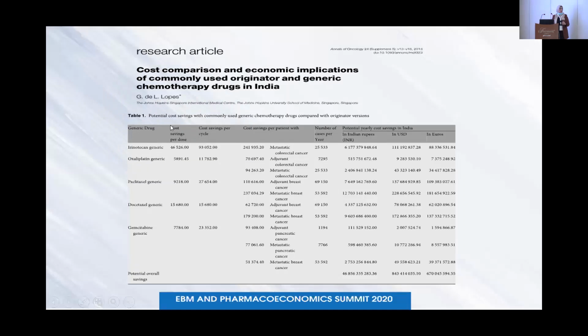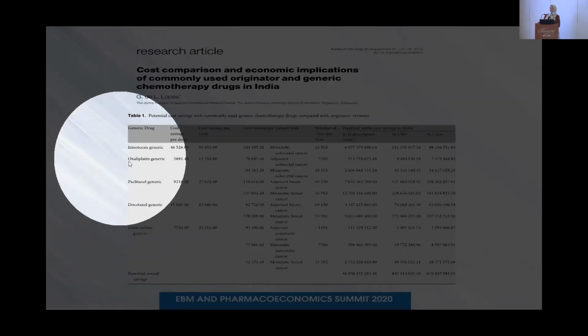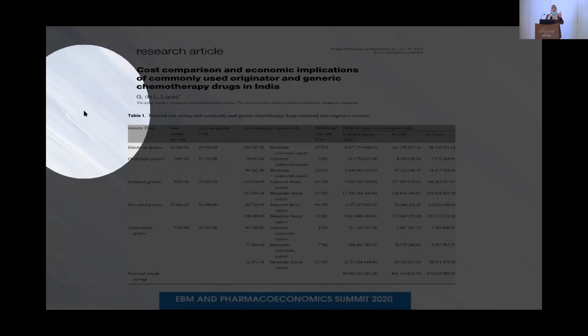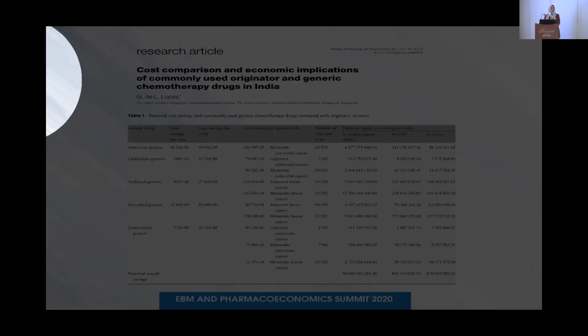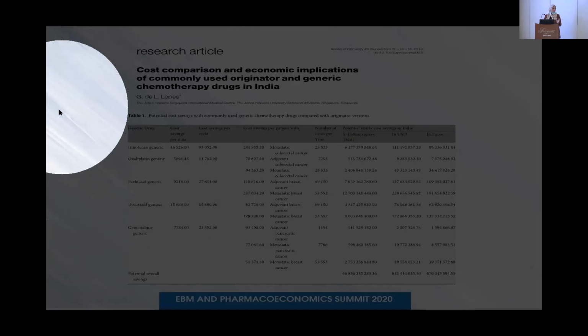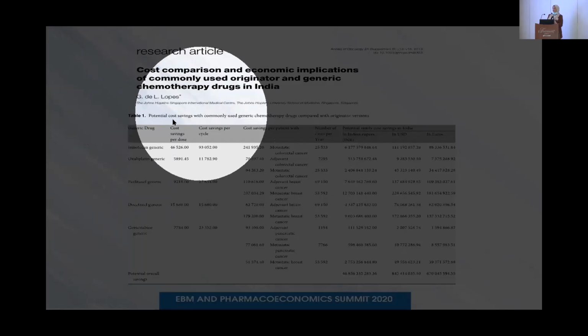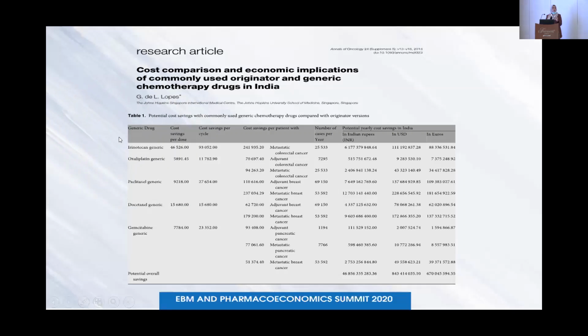But here what they did, they looked at the different regimens used as chemotherapy for cancer patients, and they were comparing them with their generic brands. They were just listing the cost of the brand and the generic without looking at any outcomes related to these regimens. By this comparison, they are just comparing the two costs, not effectiveness.